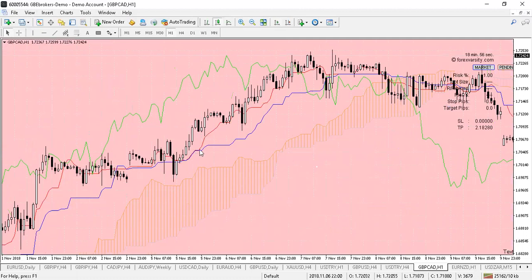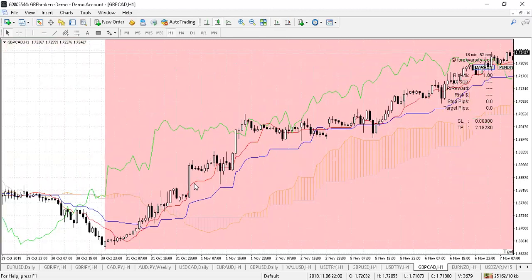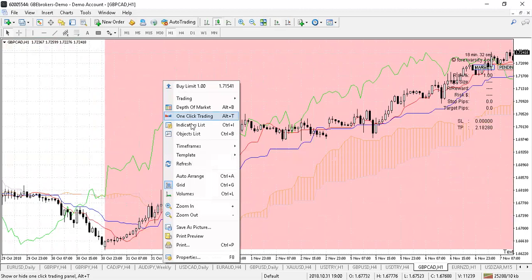So you're looking at when the red and the blue lines cross, or alternatively, when they have already crossed and then the price breaks up above the cloud. So you've then got all the conditions which have been met. And the nice thing about that is that it sometimes gets you into trades that you wouldn't be able to take on the ABC strategy.